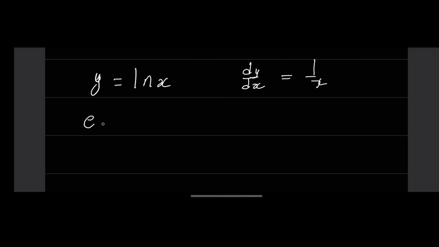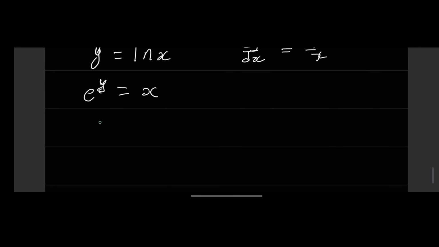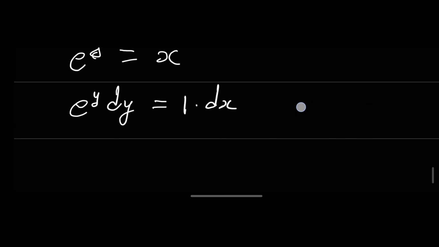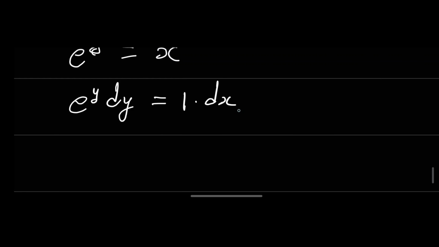First, this is what we'll do. Let's take the antilog of both sides, and the antilog of this side will just be x. Then we differentiate through, like an implicit differentiation. If we differentiate this, we get e to the power y dy is equal to 1 dx. Let's divide both sides by dx. It is kind of a violation to say that, but that's what we are technically doing.